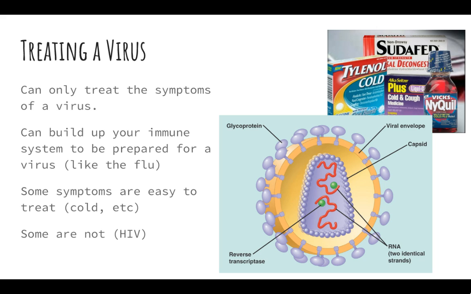We actually don't have a way to treat viruses. We can only treat the symptoms of a virus. So like when you have the cold, you just go and get a cold medicine to help with the symptoms like the coughing and the runny nose and all that kind of stuff. The best we can do is to build up our immune system to be prepared to attack our virus, like a flu.